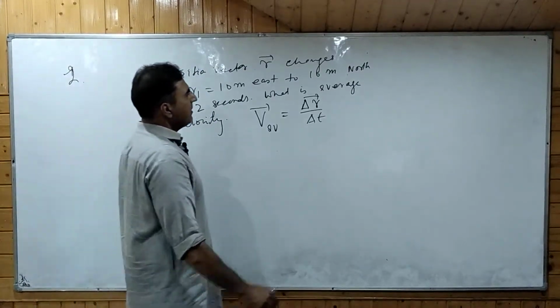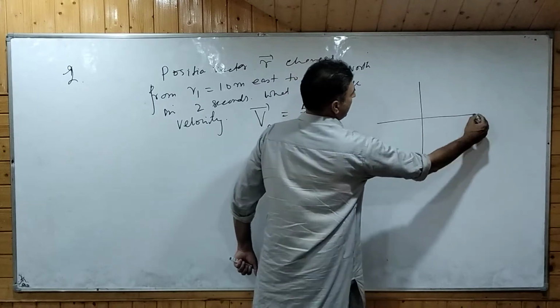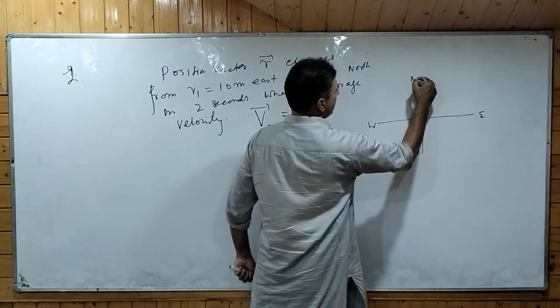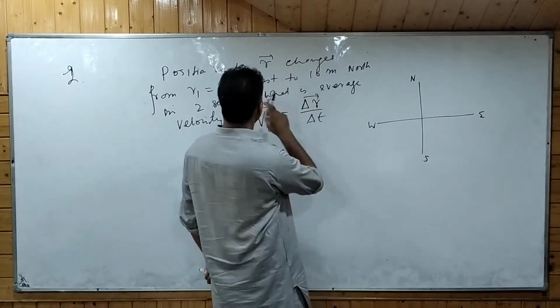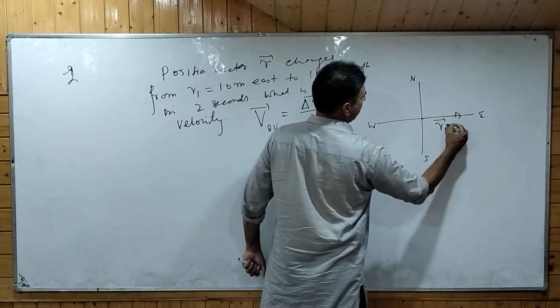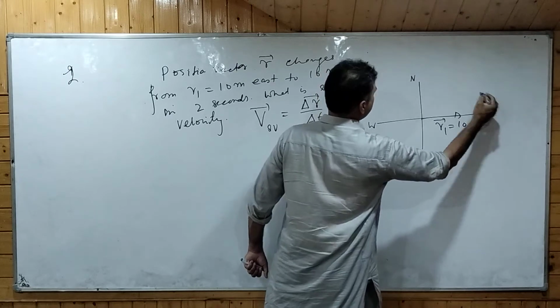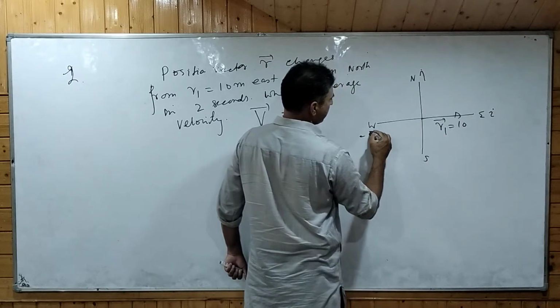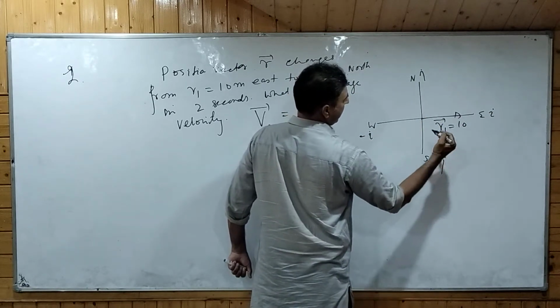Now have a look. It is east, west, north, south. You have the initial position vector in the east direction, that is R1 equal to 10i, with j for north, minus i for west, and minus j for south.